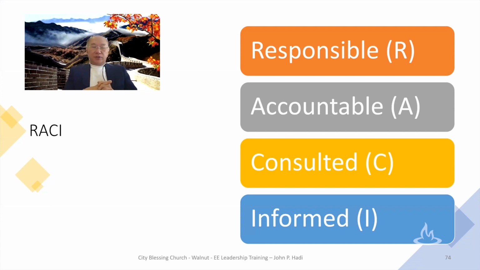Many project failures in a team environment happen because of a lack of understanding of who is responsible, who is accountable, who is consulted, and who is informed. From the get-go, in any project with a team, you have to understand who is the R, who is the A, who is the C, who is the I. Very, very important, because otherwise there will be miscommunication, hard feelings, and finger pointing.